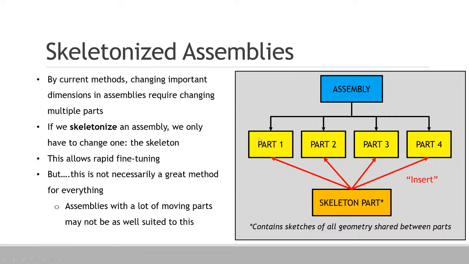Then have your sketches in the part reference the geometry in the skeleton part and build solid geometry from there. So you can have multiple parts that all have to interact with one another and have their geometry driven by one single skeleton with all the sketch geometry built in. That probably sounds abstract and not particularly clear, but that'll make sense in just a minute.